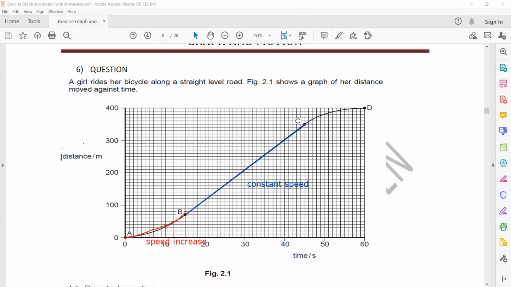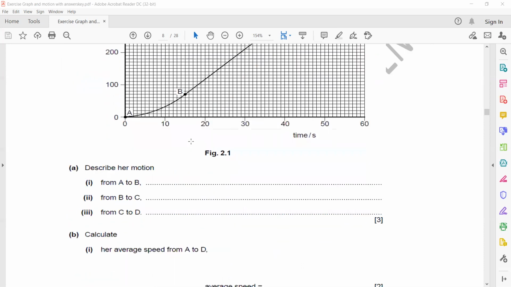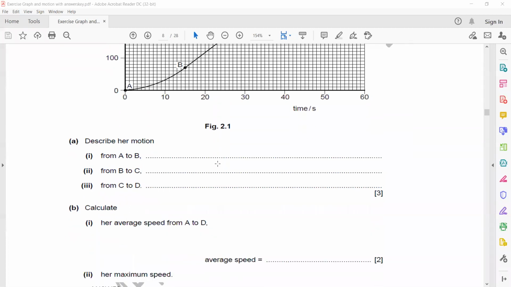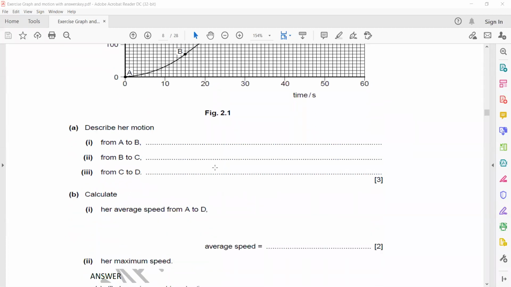And from C to D, because the angle is decreasing, the speed will decrease. So in the question, they ask to describe the motion from A to D: speed is increasing, speed is constant, and speed is decreasing.